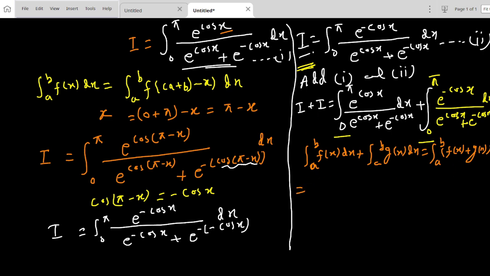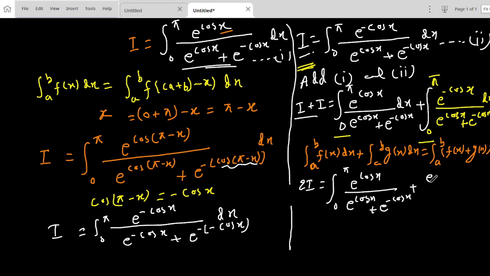So from here we get I plus I, which is 2I, is equal to the integral from 0 to pi of e to the power cos x by e to the power cos x plus e to the power minus cos x, plus e to the power minus cos x by e to the power cos x plus e to the power minus cos x, and whole dx.